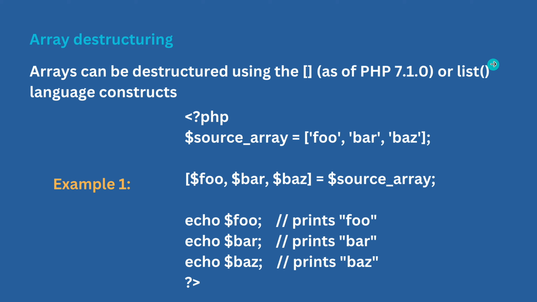Previously, whether it's PHP 4, 5 or 7, this was the only available function to destructure. Now from 7.1 they have introduced this square bracket access also. So clear, guys, how array destructuring works?